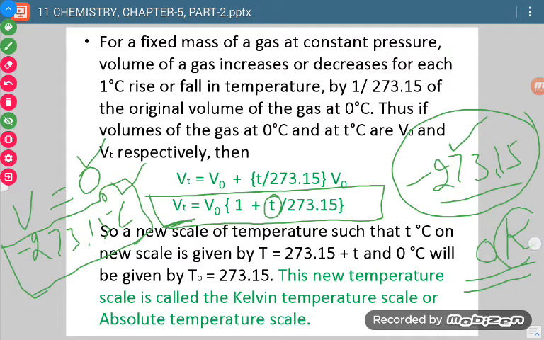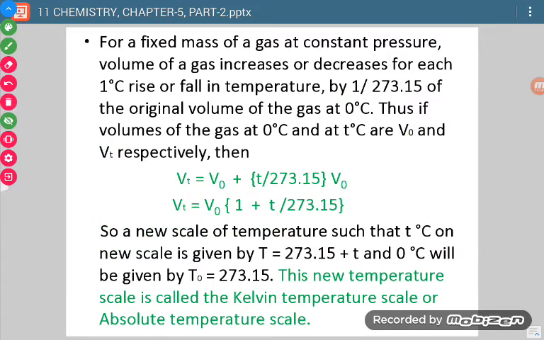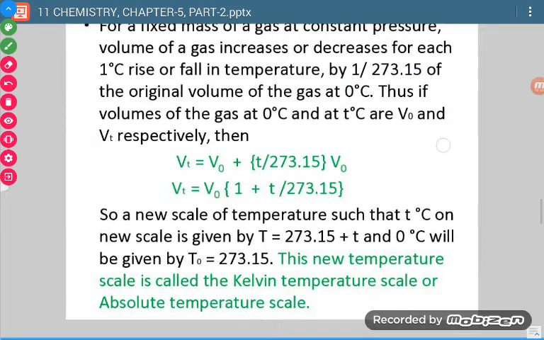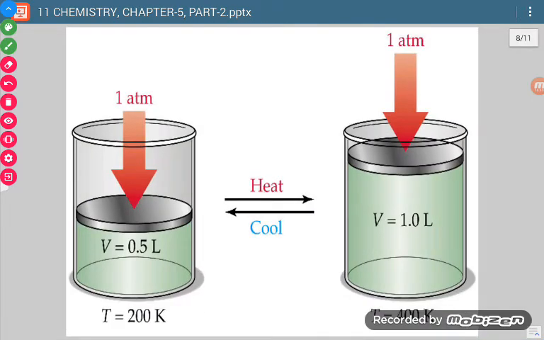So here your unit decides everything. So unit is Kelvin. In Kelvin scale we will say 0 Kelvin. In Celsius scale we will say minus 273.15 degree Celsius. Okay, so this is the most important definition which comes out from this form of Charles' law. Now here you can see what we said. We said V by T is equal to constant. This is what we said. Now V by T is equal to constant means volume divided by temperature.